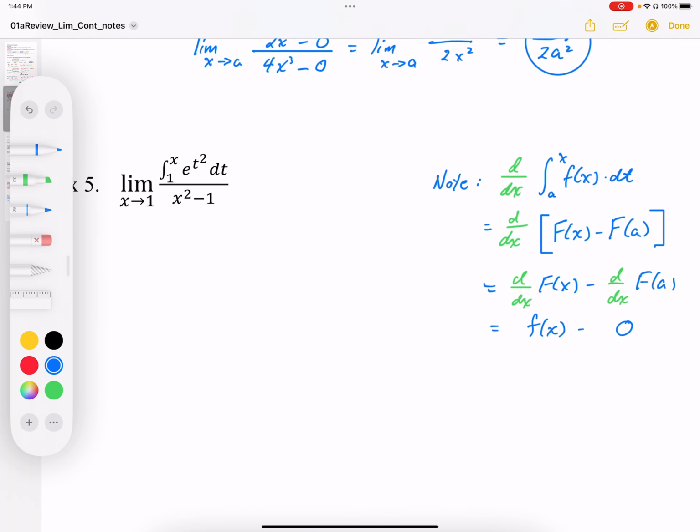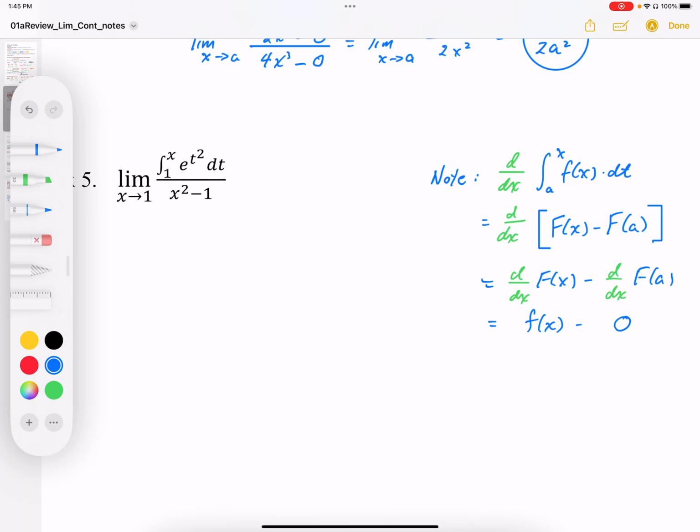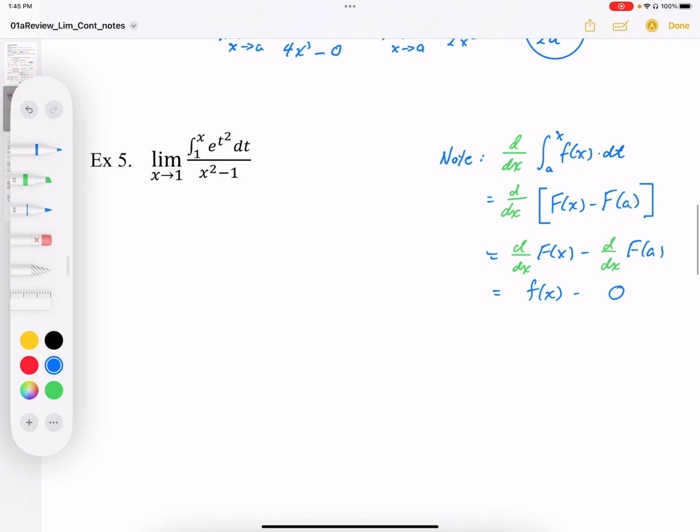For example 5 then, we have this limit of an integral. So first thing is I'm just going to evaluate this limit to see where I'm at. So the limit as x goes to 1, so that's the integral, or the area under the function e to the t squared from 1 to 1.